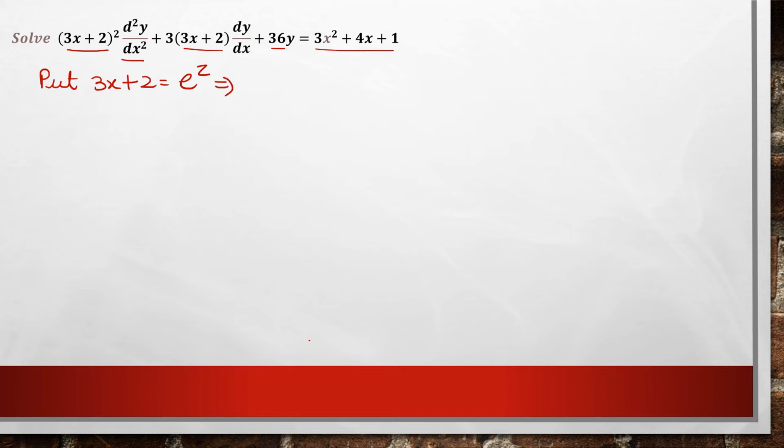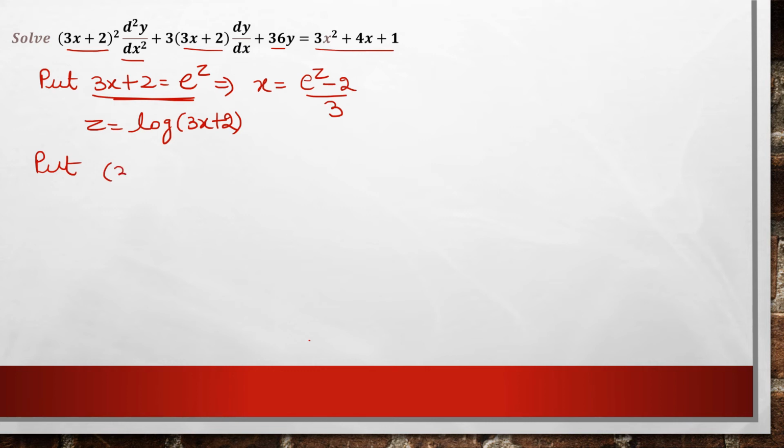And what will be the value of x? X will be (e power z minus 2) over 3. Next, if you take log on both sides, z will be log(3x plus 2). Now further, (3x plus 2) into dy over dx equals, now what is my b here?